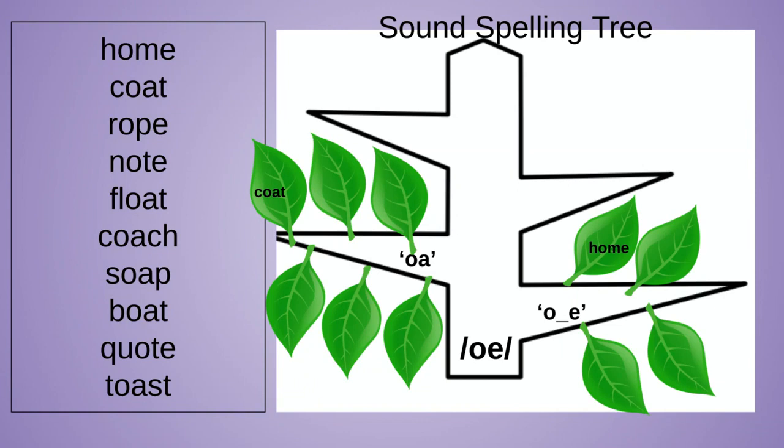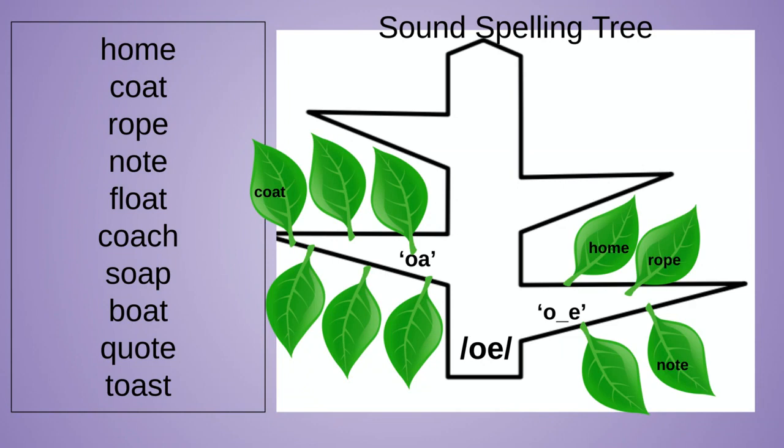Our next word is rope, R-O-P-E. So that one makes it go on to the O consonant E branch. Our next word is note. Let's look at how it is spelled. O consonant E. So it goes on our bottom branch of O consonant E.